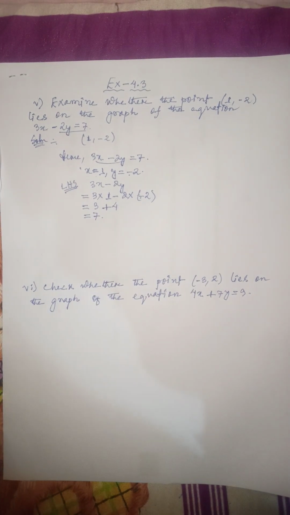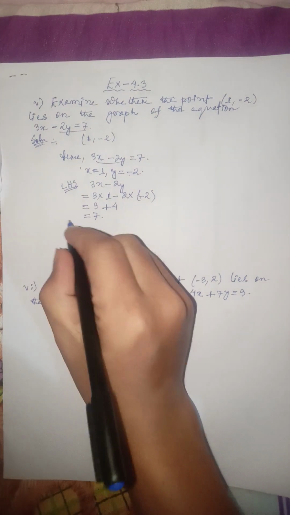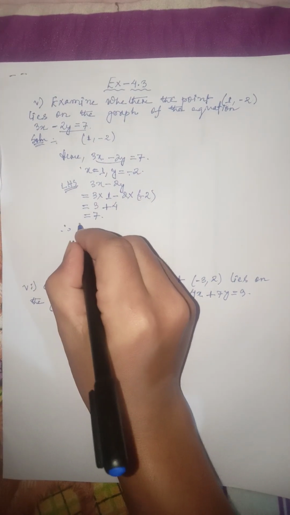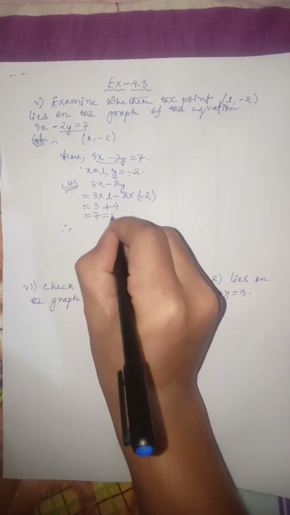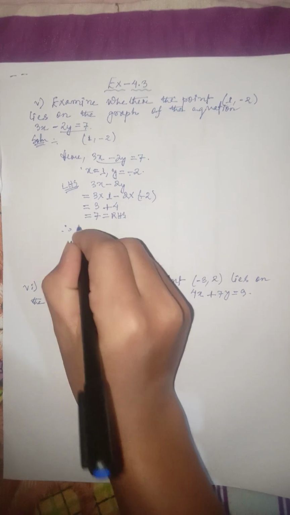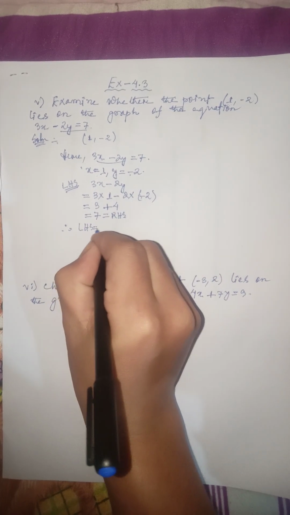Now, using the values of x and y and computing the left hand side of this equation, we got 7, which is exactly the same as the one on the right hand side. Thus, we can conclude that this given point lies on this equation. You write it here, left hand side is equal to right hand side.